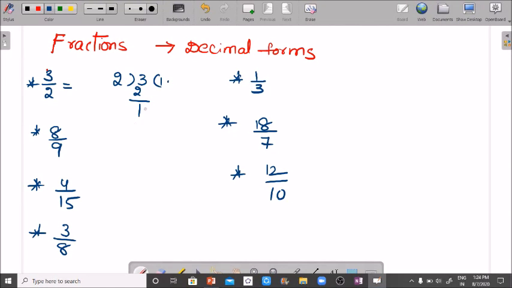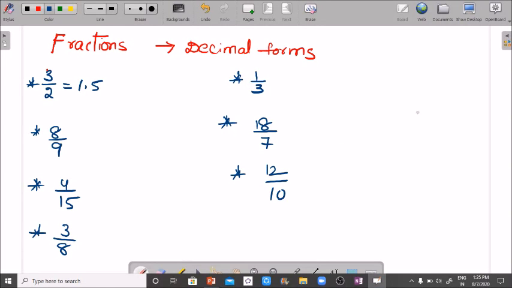Take a point and add 0. 2 fives are 10, so the remainder is 0. The answer is 1.5. So 3/2 is 1.5.